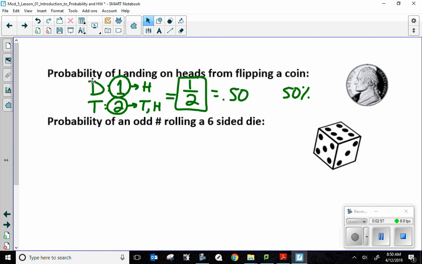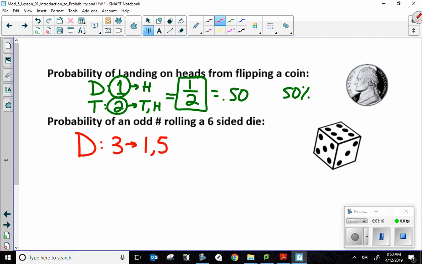Let's take a look at our next example. The probability of rolling an odd number on a 6-sided die. My desired outcome, if I want odd, there are 3 of them: 1, 3, and 5 are all odds. Sorry about that, a little dyslexia kicking in. The total number of outcomes is 6.